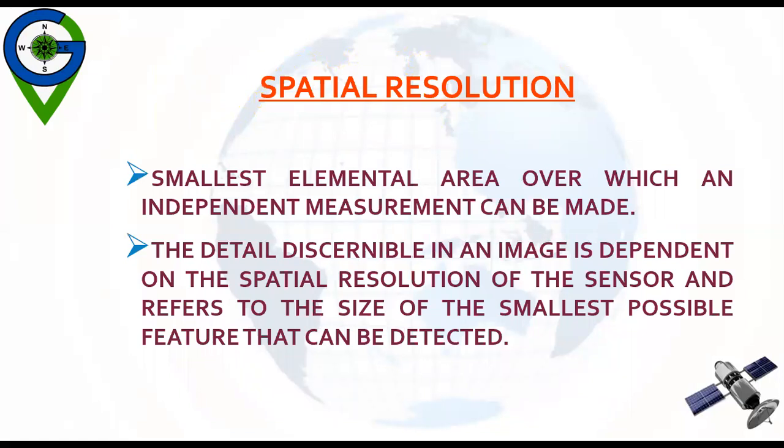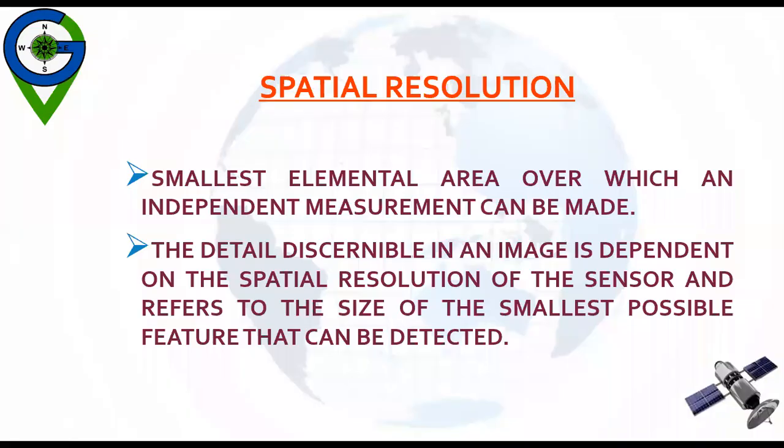The next resolution of a remote sensing satellite is the spatial resolution. The detail discernible in an image is dependent on the spatial resolution of the sensor and refers to the size of the smallest possible feature that can be detected. The smallest elemental area over which an independent measurement can be made is the spatial resolution.